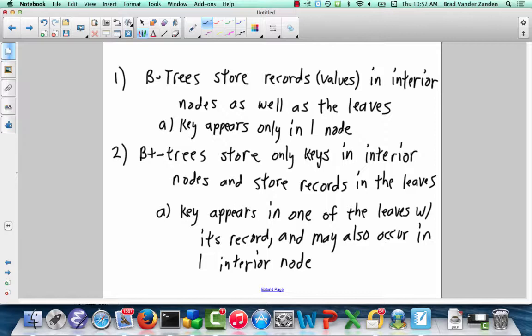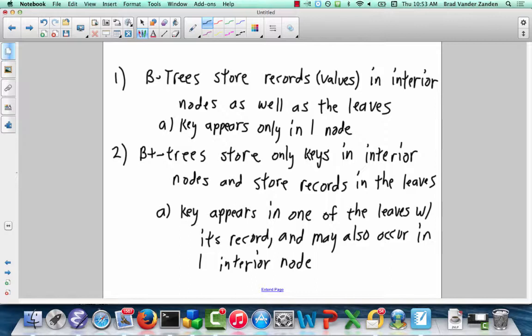In practice, I'm not sure I've ever seen a B tree. I've only seen B plus trees. Okay, B plus trees are used in databases a great deal. What happens is in a database, you have to have what are called indices.